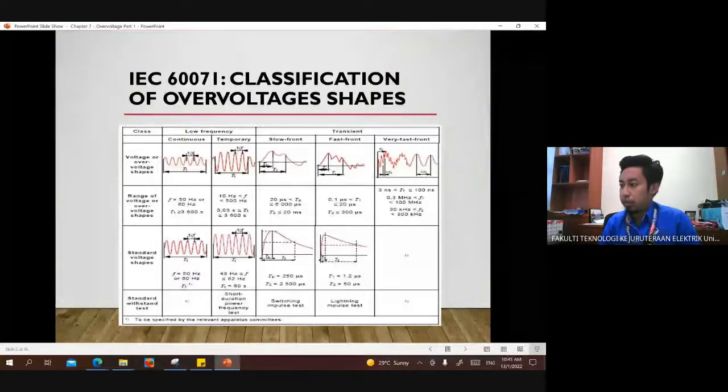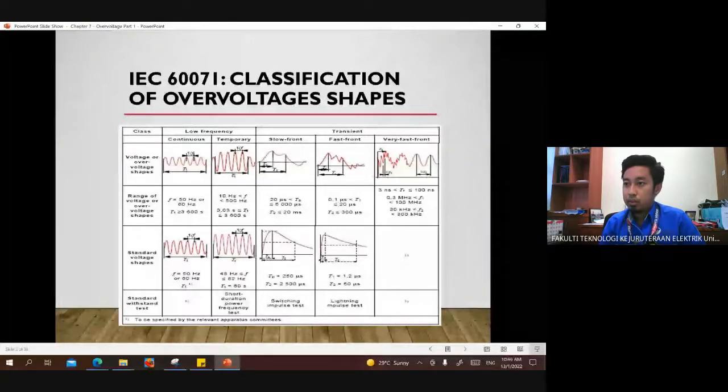Based on Chapter 5 on the impulse generator, you already know what the pulse for the transient is, and the theory about the transient: the wave front, the wave tail, the rise time, and the fall time. This is very important for this chapter.